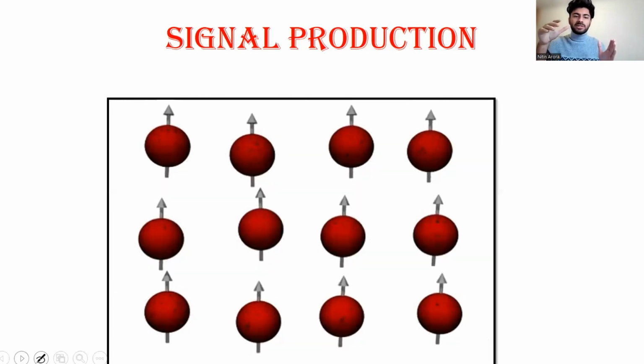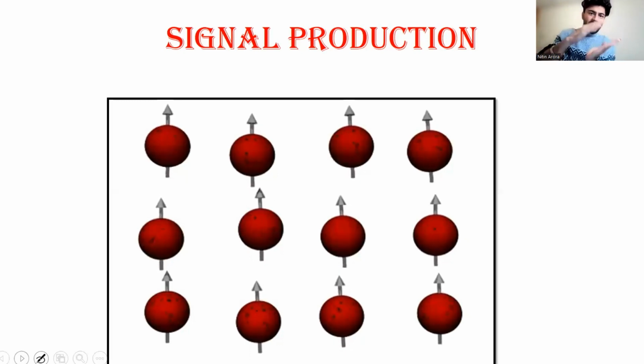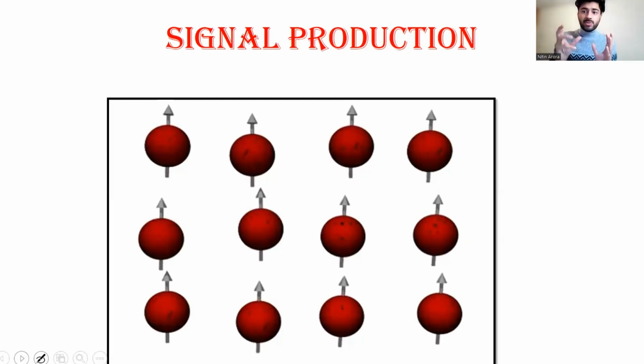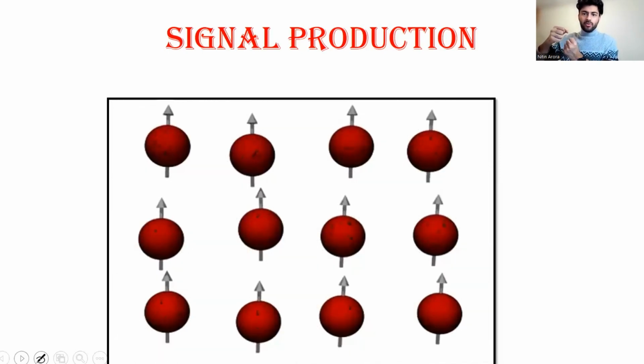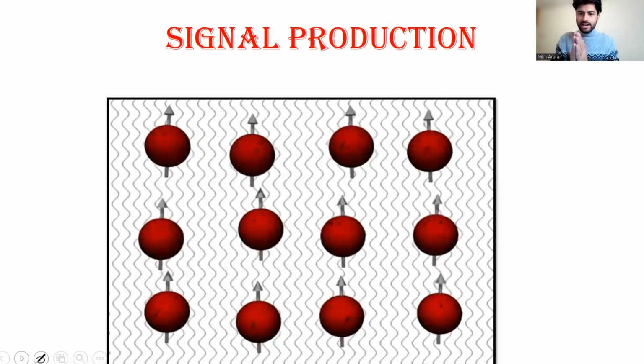So what happens now? The protons realigned to the radio frequency signal. The protons dephased, meaning the rotation speed increased and the rotation axis changed. Now, as soon as the radio frequency signal is taken off, the protons will come back to their original state, that is vertical.